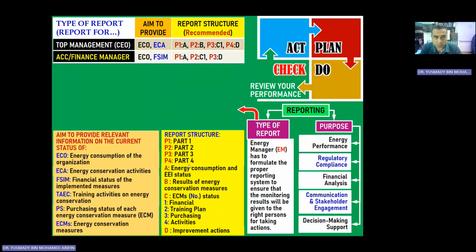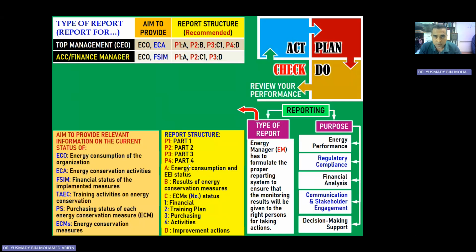For the accounting and finance manager, the aim of the report is to provide ECO, the energy consumption of the organization, and also the FSIM, which refers to the financial status of the implemented measures.